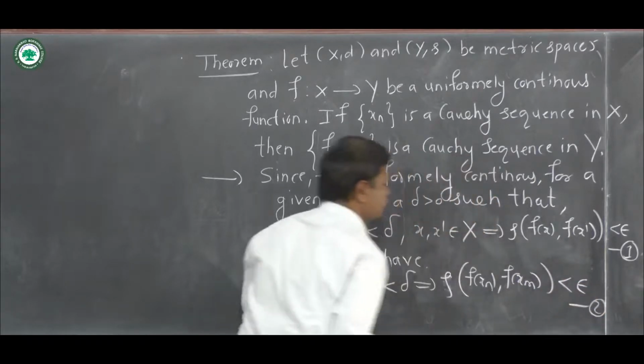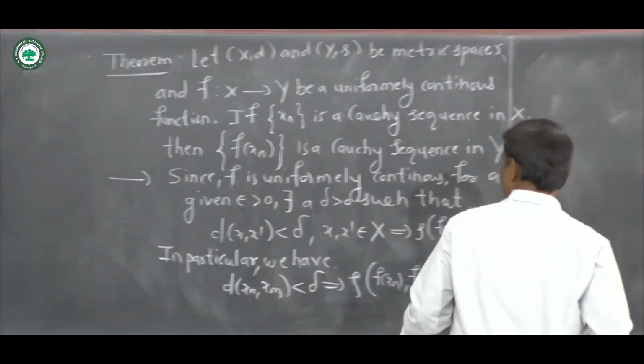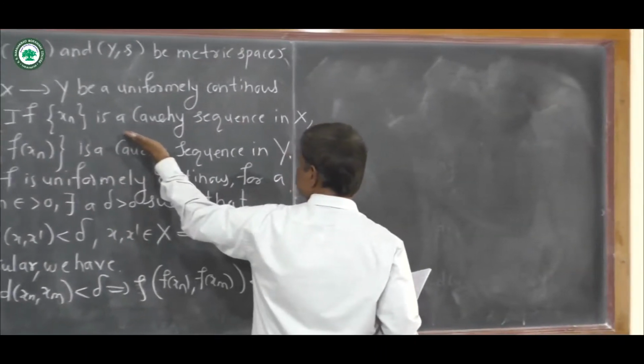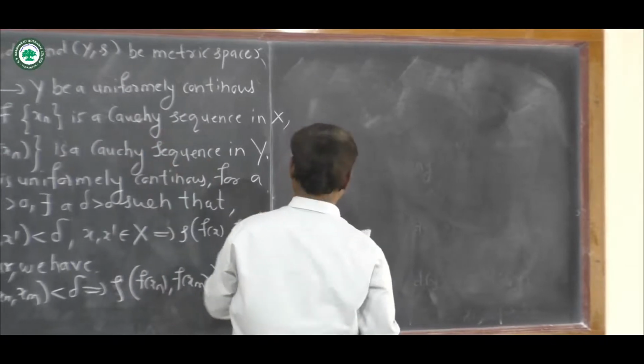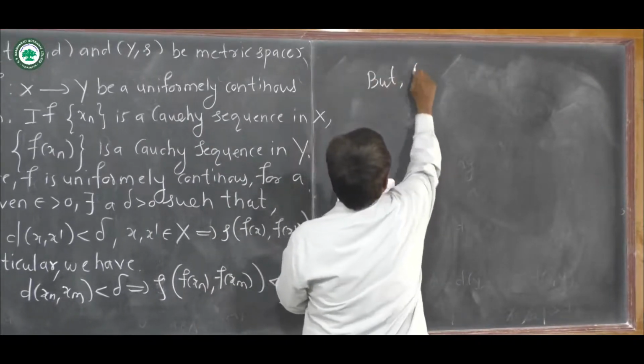Call this 2. Now we know about the sequence xn here: xn is a Cauchy sequence, so we use that.